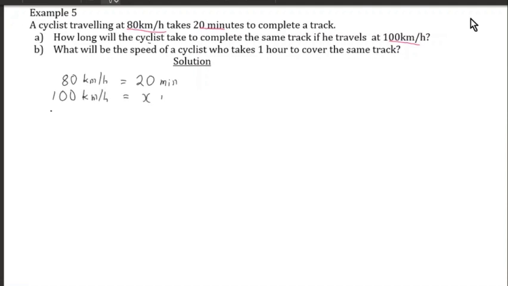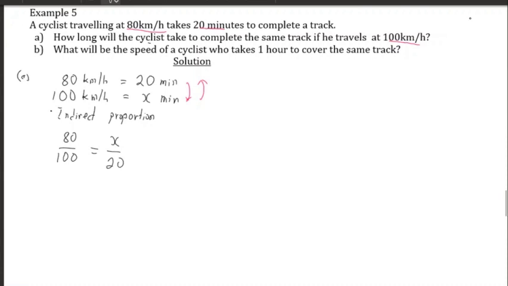That will give me how many minutes? So we are going to do a reciprocal on one of the ratios and indicate here that it is an indirect proportion. So I will have 80 over 100 is equal to x over 20.